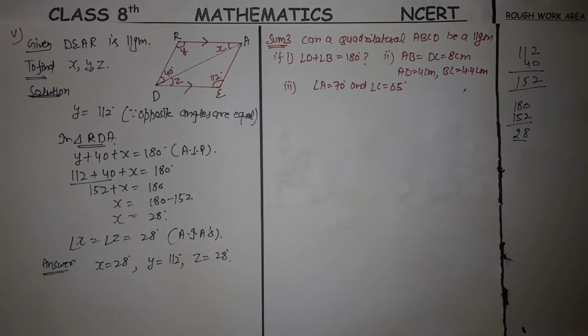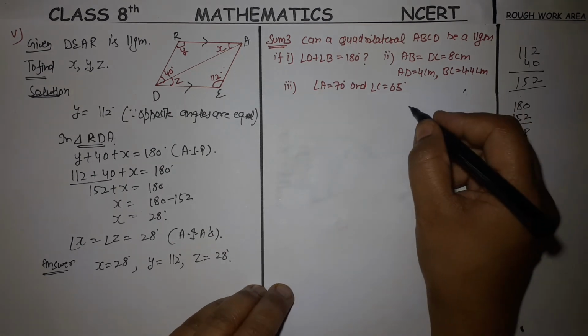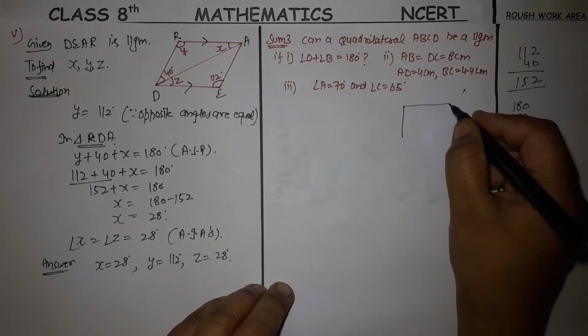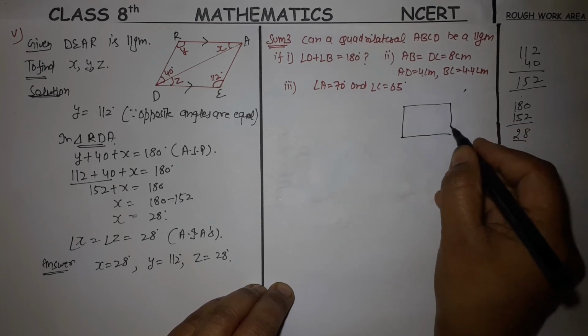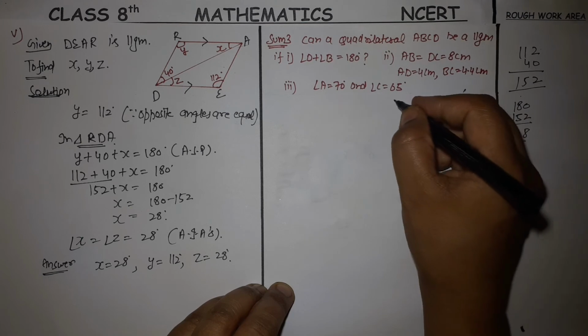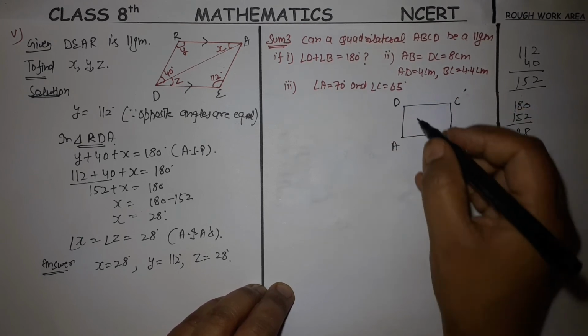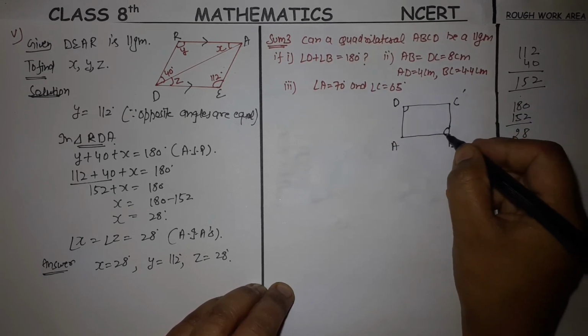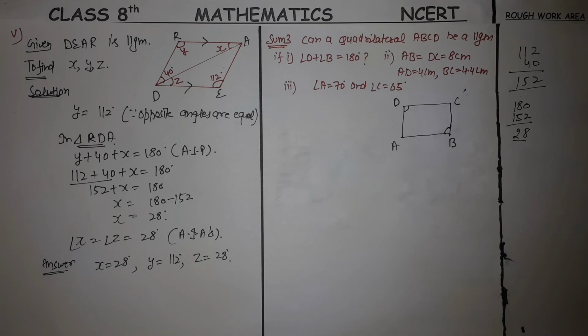Sum 3. Can a quadrilateral ABCD be a parallelogram if angle D plus B equals 180 degrees? Make a figure: A, B, C, D. Angle D plus B is 180 degrees.